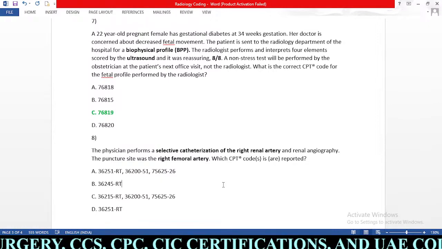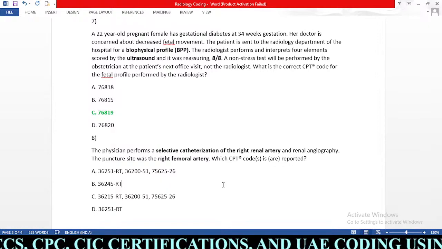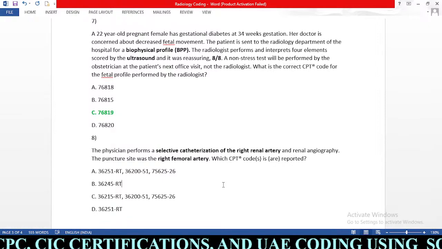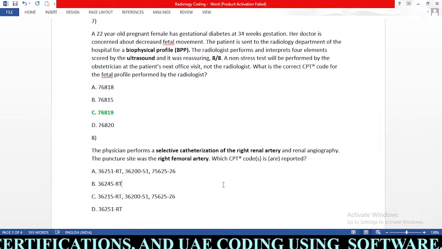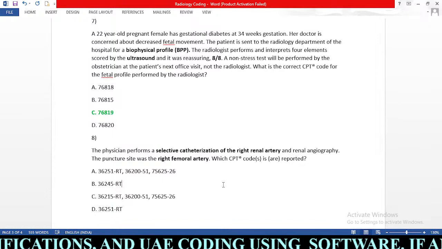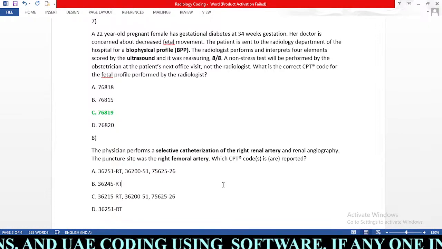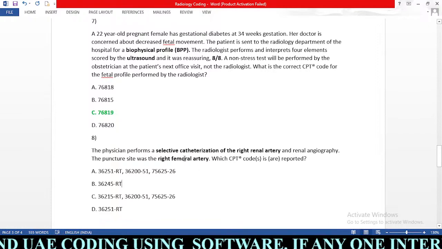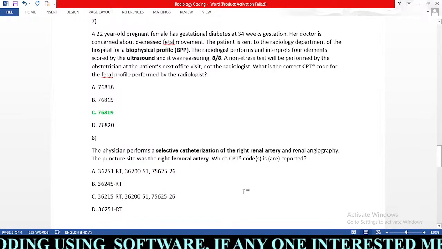If the physician crosses the aorta and goes to the other branches, we will call it selective. So here the physician had done selective catheterization: right renal artery and renal angiography.